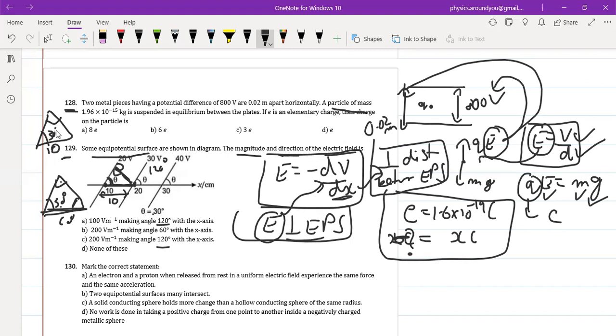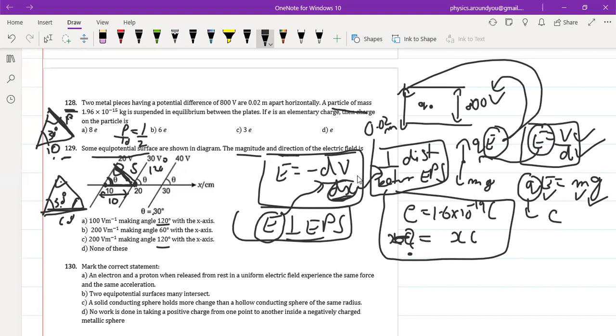This angle is 30, all right. What should be this? This is a perpendicular. Perpendicular by hypotenuse, p by 10 is sine of this angle. Sine of this angle is half. So perpendicular should be 5, right? So the perpendicular distance, the dx value, between them is 5.